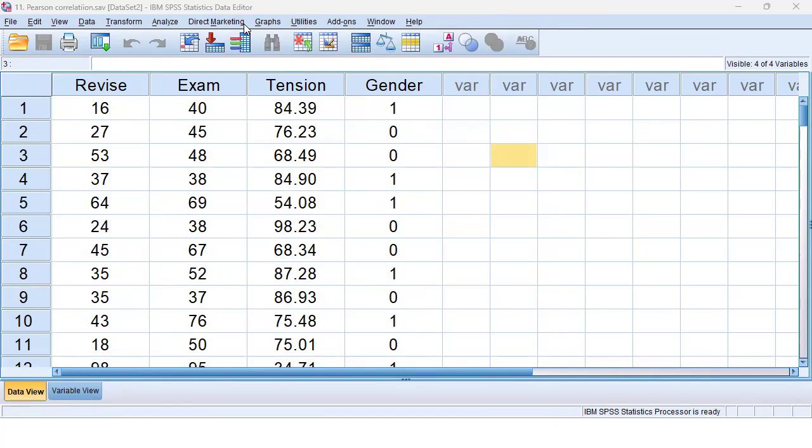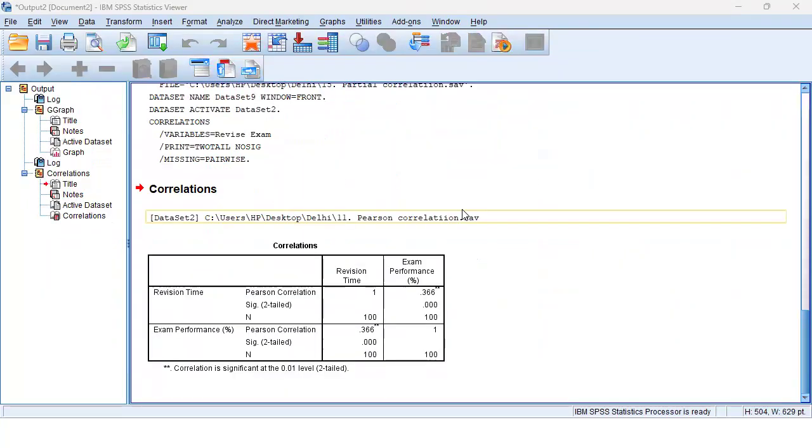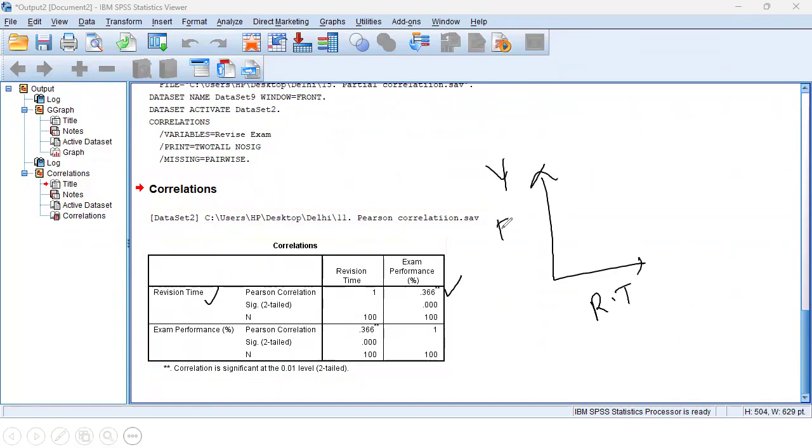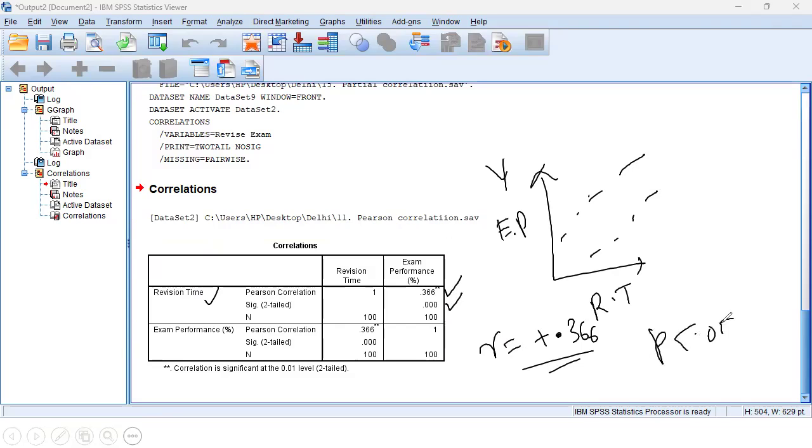When you do OK, we will get the output. This is my output. In this output, revision time and exam performance, there is a positive correlation, low degree of correlation, because R value equals plus 0.36, and here the P value is less than 0.05.